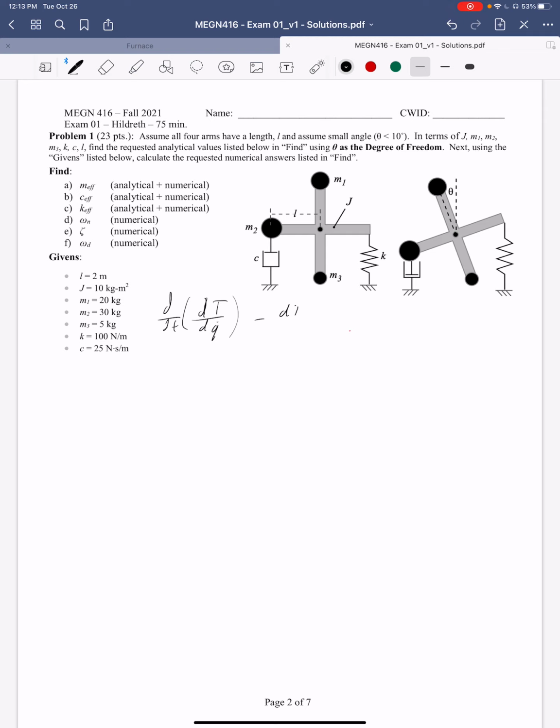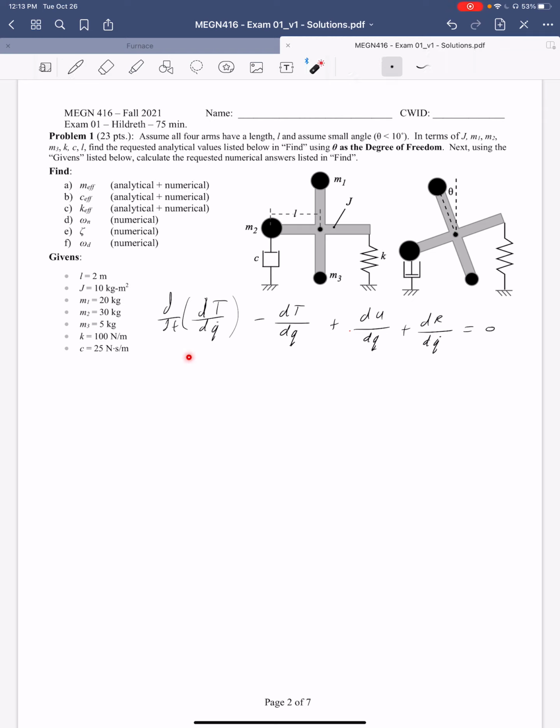Minus the full derivative of the kinetic energy with respect to position, plus the derivative of the potential energy with respect to position, plus the derivative of the energy lost to damping with respect to the velocity. And for right now, it's just equal to zero. Eventually it'll be equal to the external forces. Right now, just set it equal to zero, okay?